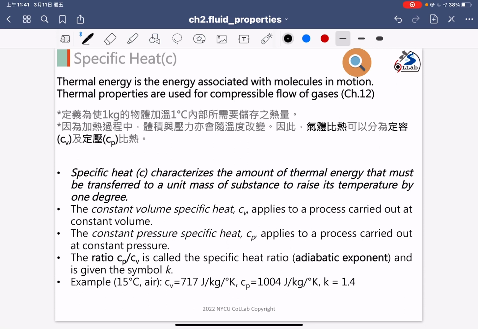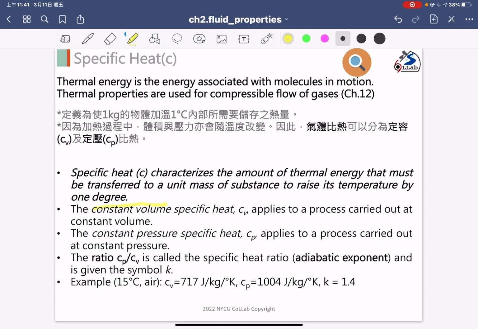And as we know, for the gas, if we change the pressure or change the temperature, the volume will change also, right? And the physical properties also change, like the density. So sometimes when we try to calculate the specific heat, we will have two conditions. In one condition we fix the constant volume, and we measure the specific heat.